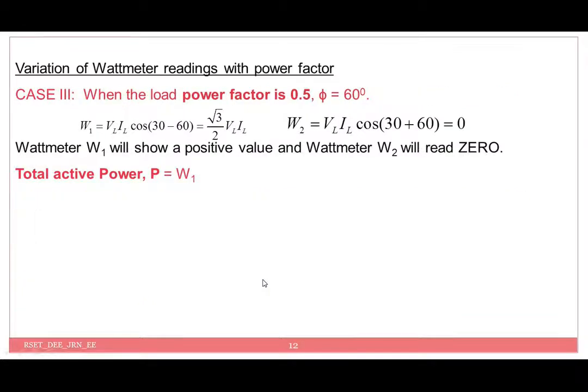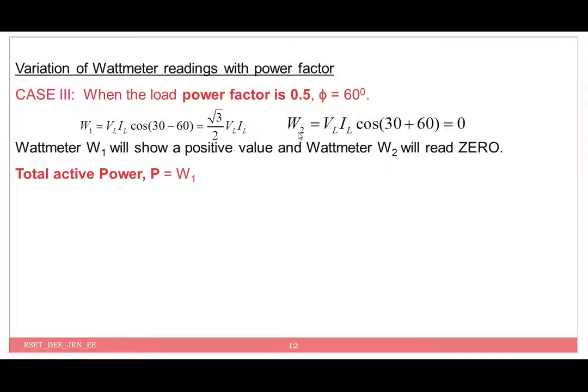Now when the power factor is 0.5, what about your phi? Phi will be 60. So substituting for phi, W1 is VLIL cos(30 - 60) and W2 is VLIL cos(30 + 60). This comes to cos 90, and you know cos 90 is 0.